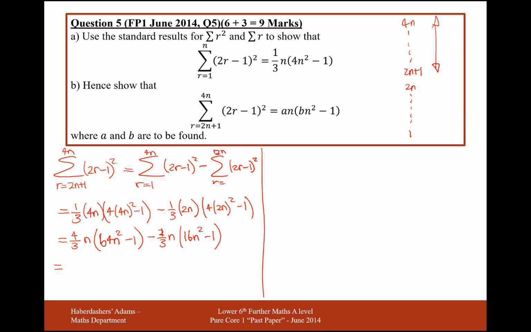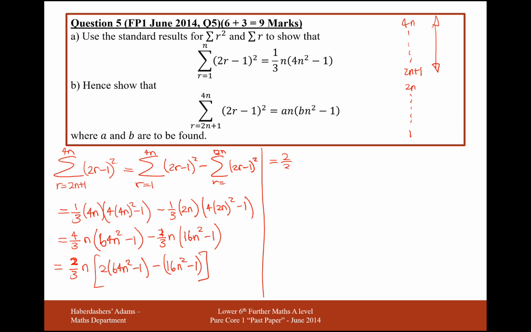Okay, looking to factorise these terms now, so I have a common denominator of 3, and I could probably pull out 2 from both of these terms as well, from the 2 and the 4, and I've also got an n in both these terms as well. So what have I got left over? Well, I've got 2 lots of 64n squared minus 1, take away 16n squared minus 1. Make sure you've got your double brackets in here, because you're going to be taking away a negative, which is going to make it a positive.